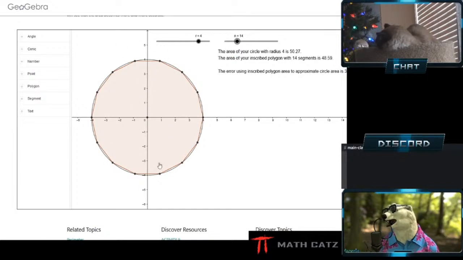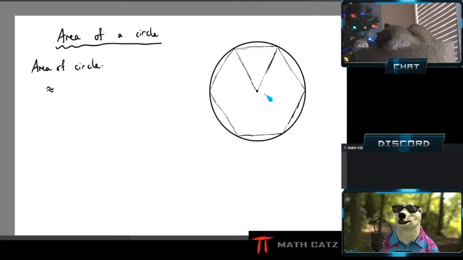So I want to imagine working with a much bigger sided polygon, but drawing it is not going to be so easy. So when I draw it, I want to give myself some space. But in truth, it's very small. So I'm going to have an n-sided polygon.